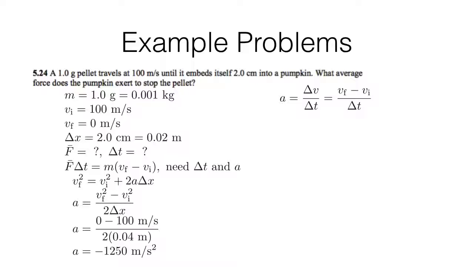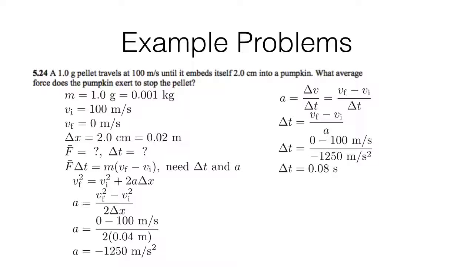And now we have the acceleration, so we can use this to find time. Rearranging to isolate the time variable gives this, and substitution of values and calculation gives the time of 8/100ths of a second. So this pellet embedded itself into a pumpkin 2 centimeters, and that took 8/100ths of a second.